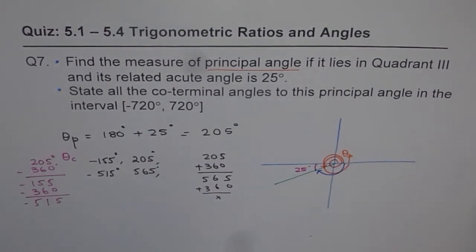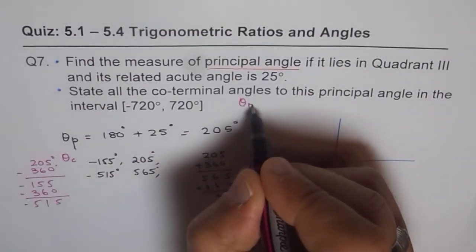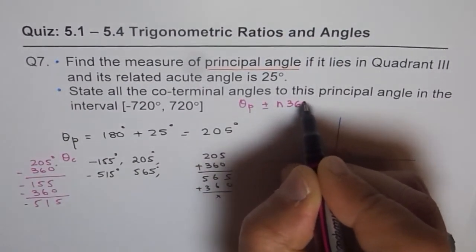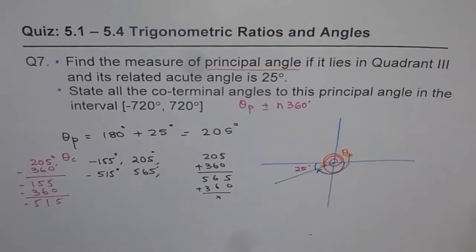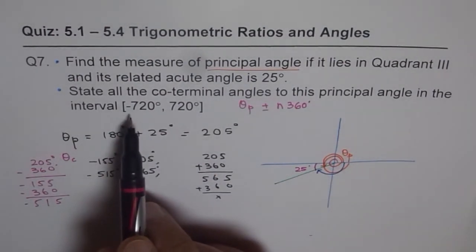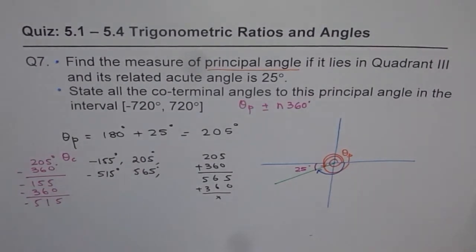So that is how we can get our values. Coterminal angles are obtained from the principal angle plus or minus n times 360 degrees. Since we are given a domain between minus 720 and plus 720, we got these different values. Now we can write down our answer.